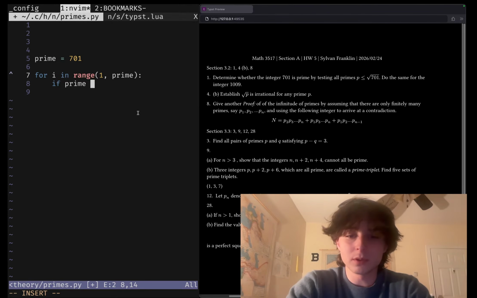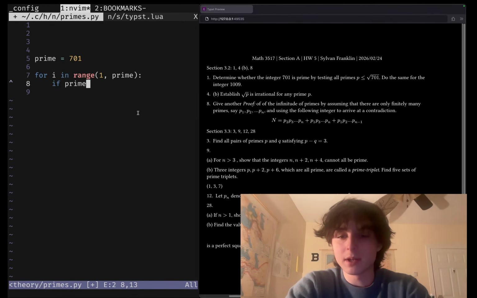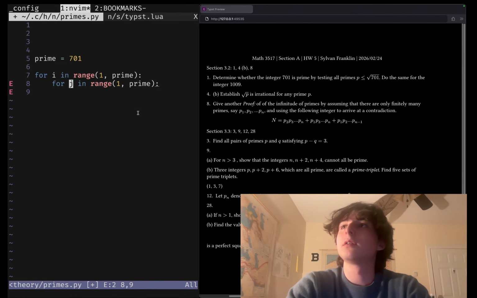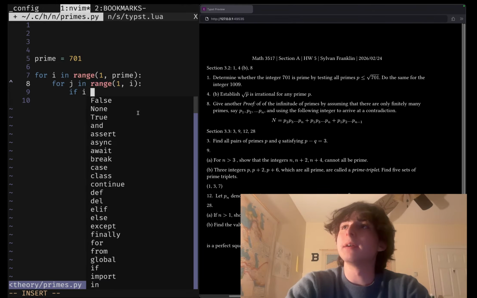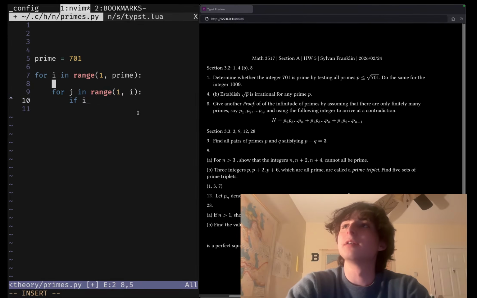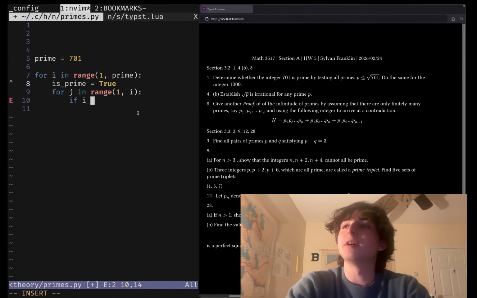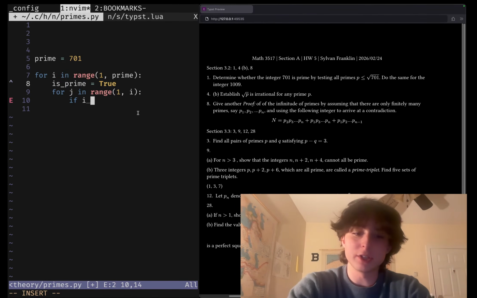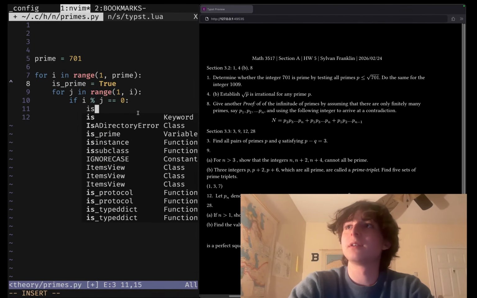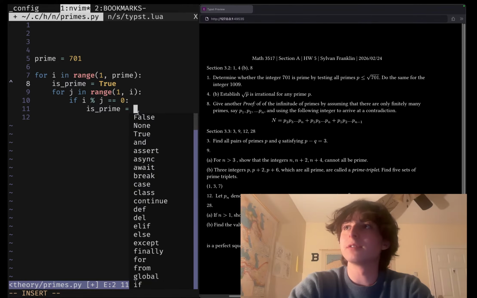We're gonna have to do a double for loop here unless we use the sieve of Eratosthenes, but I kind of forget how to implement that, so probably just do a loop from 1 to i, and then if i is prime is true, if i mod j is 0, then it's probably a terrible naive way to do this.